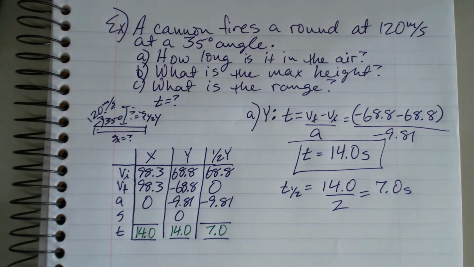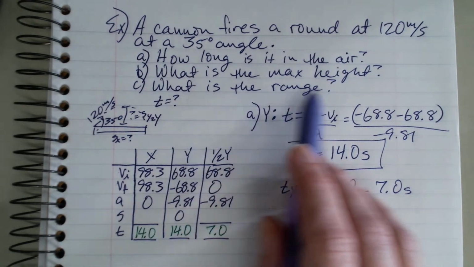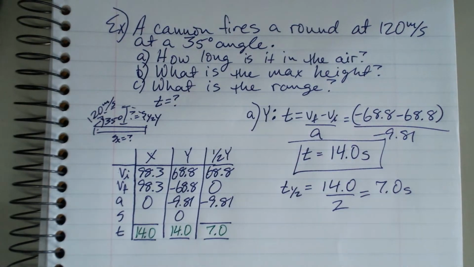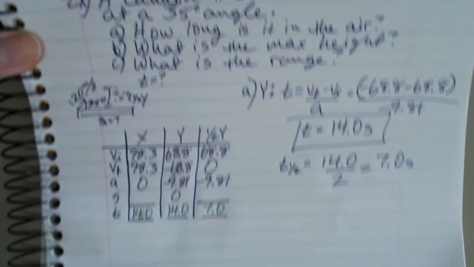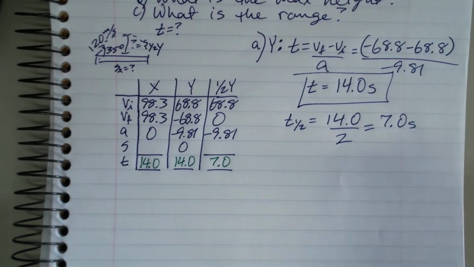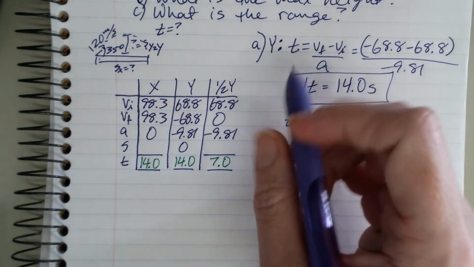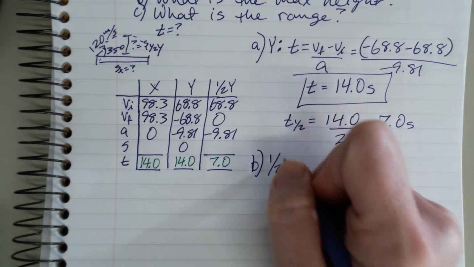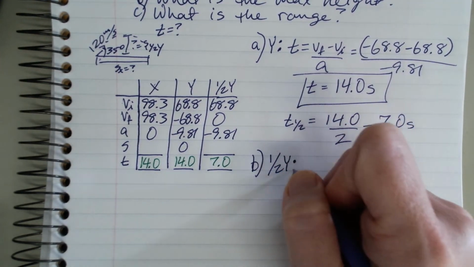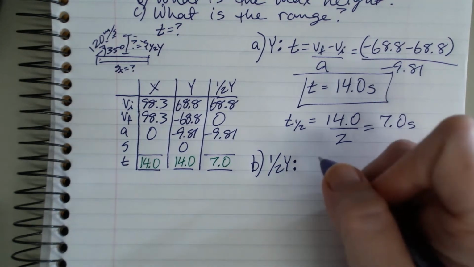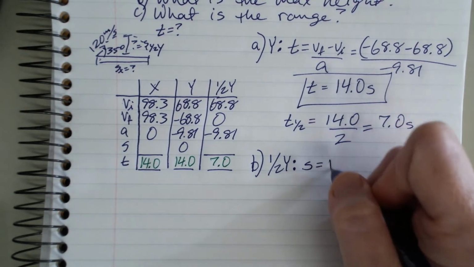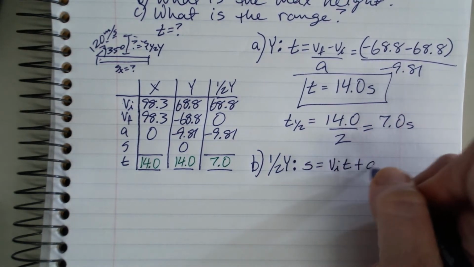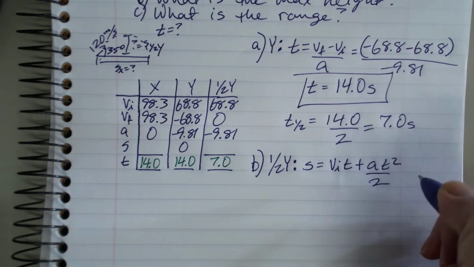All right, so part B says, what is the max height? For part B, I'm going to use the half y data. If I want height, that's S, and that equals VIT plus AT squared over 2.